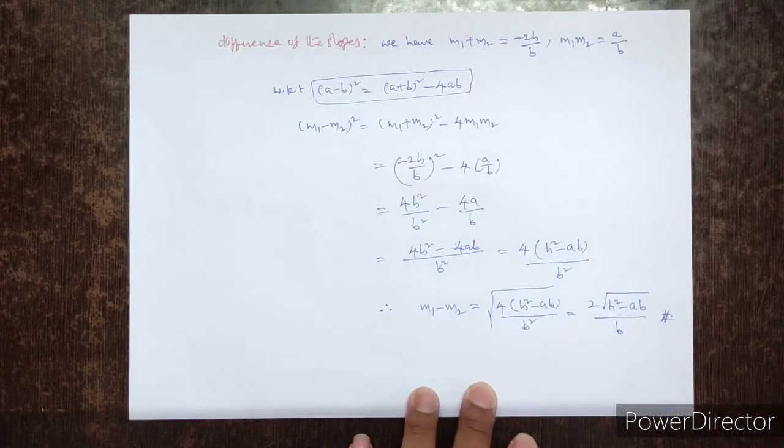This is the difference of the slopes of the lines represented by ax square plus 2hxy plus by square equal to 0.